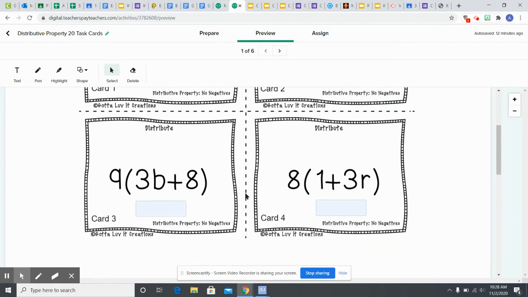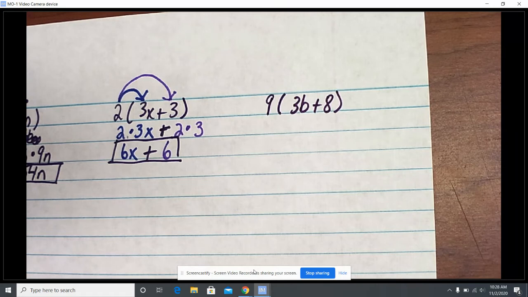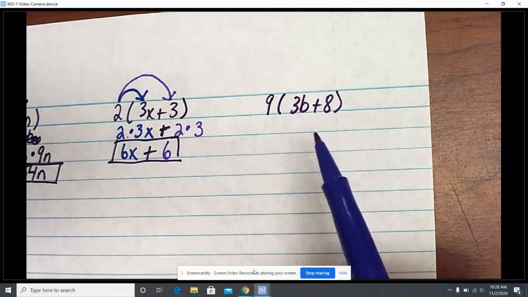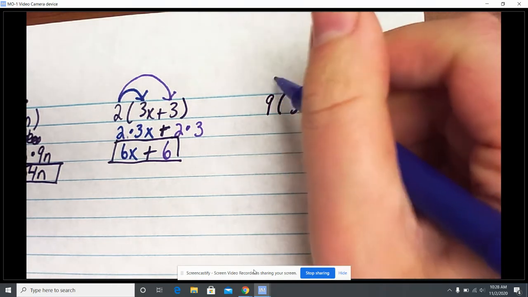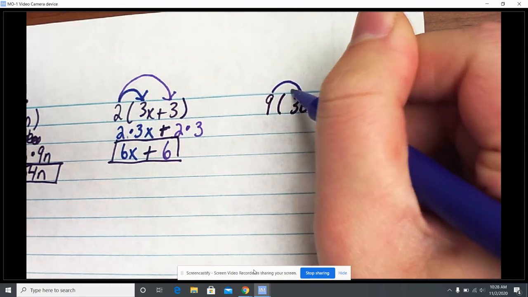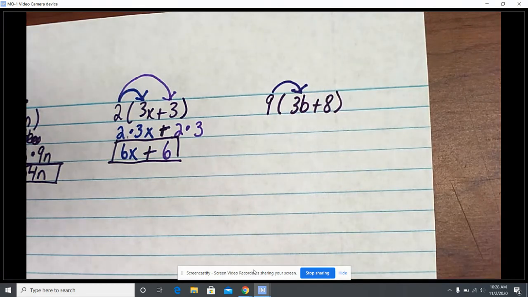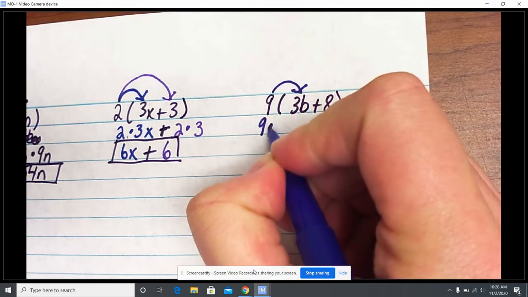All right, next one, we've got 9 parentheses 3b plus 8. So my 9 is my number I'm distributing out with the terms on the inside. So first I'm taking 9 times 3b.